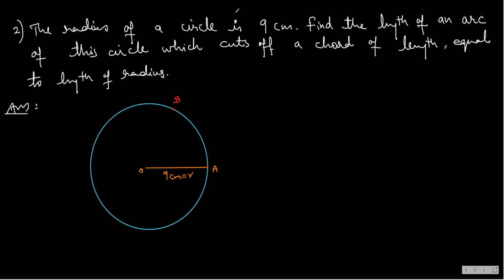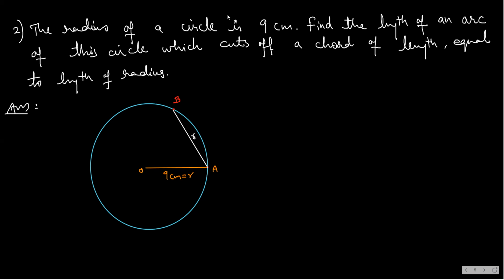Now this arc is such that it makes a chord, and the length of the chord is also equal to R. That is what they say. So for such an arc, you have to get the length of this arc.